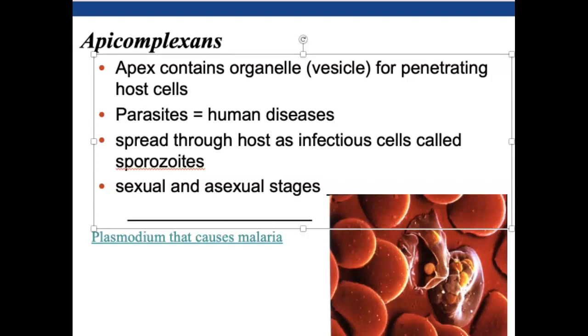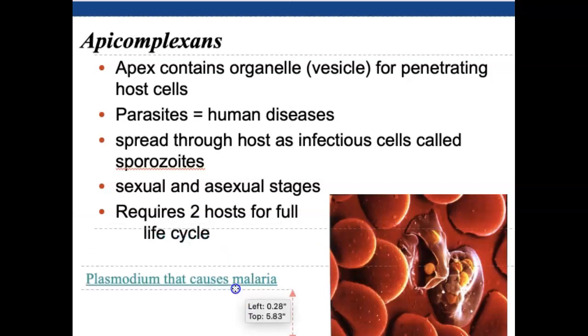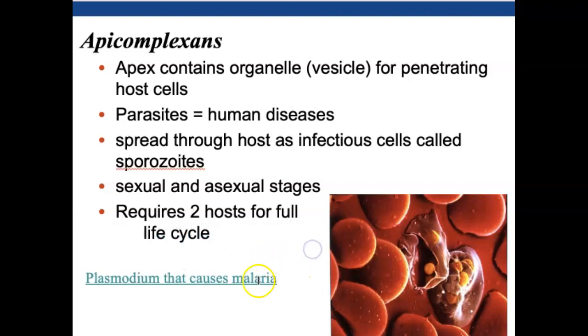They will go through a sexual and asexual stage, and what we'll often see, I ran out of room, is that their life cycle requires two hosts. Let me get that down there to complete the full life cycle.